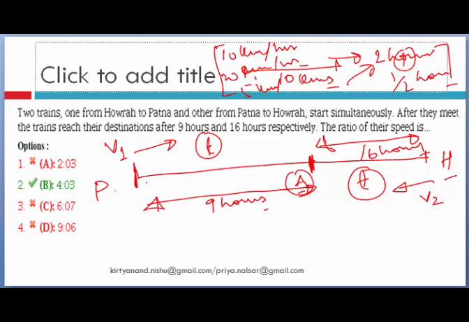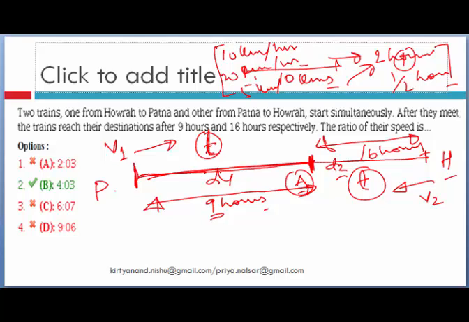So now this distance here, let's call it d1, and then let's call this d2. So this distance here is fixed, and it is covered by this train in time t, because it already covered this distance in time t, and the other train covered the same distance in time 9 hours.